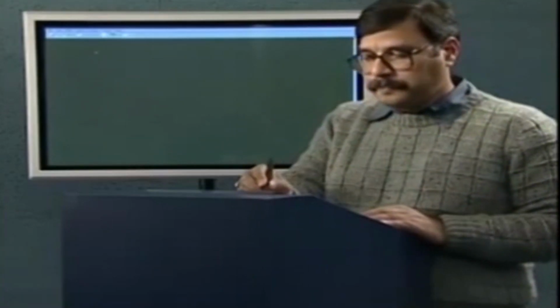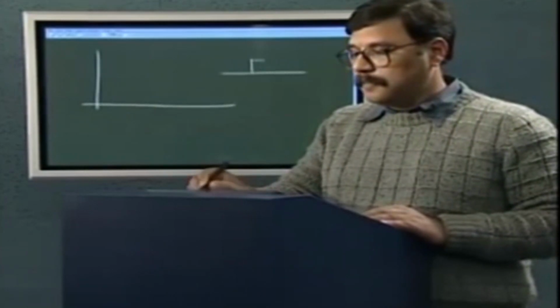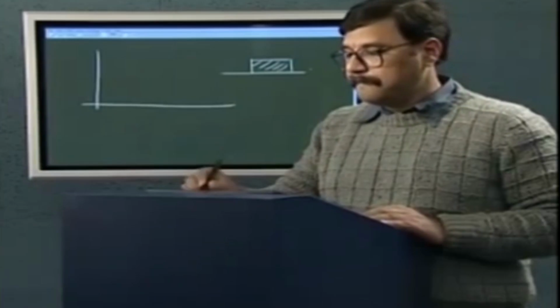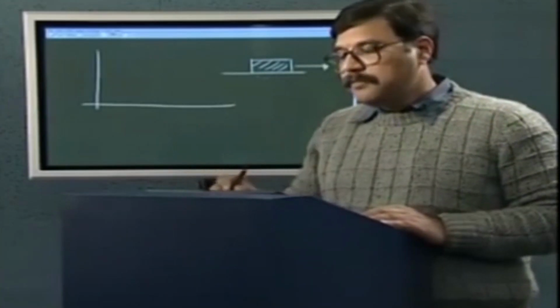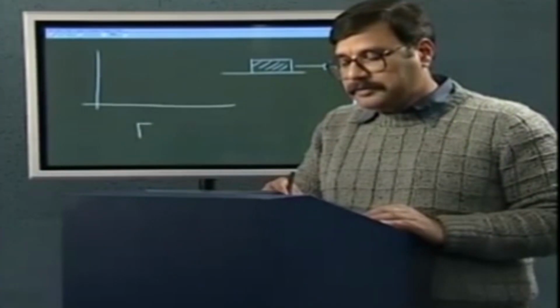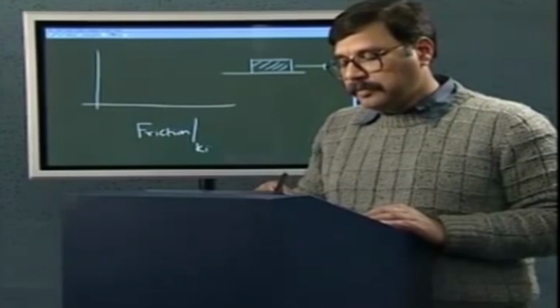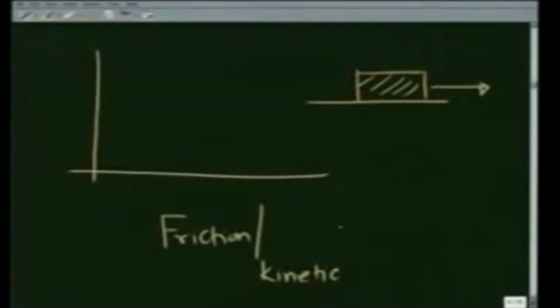Of course, once the body starts moving, the frictional force is slightly less. So that I write as friction kinetic, and it is given by mu k times the normal reaction.